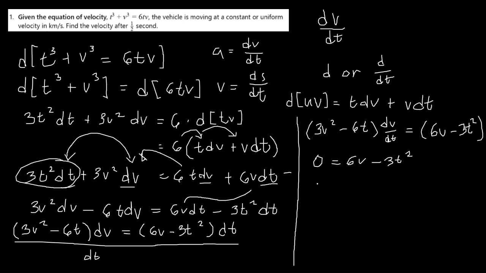So this will become 3t squared equals 6v, and then we divide this by 6, so you will get 3t squared over 6, or that's basically t squared over 2 if you simplify it.